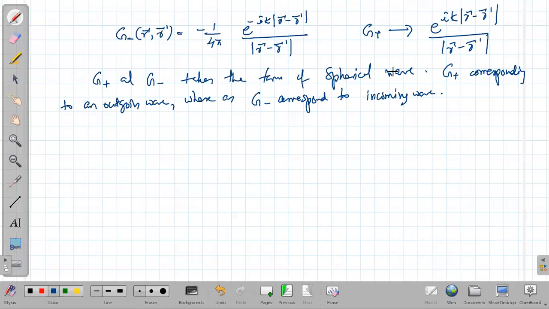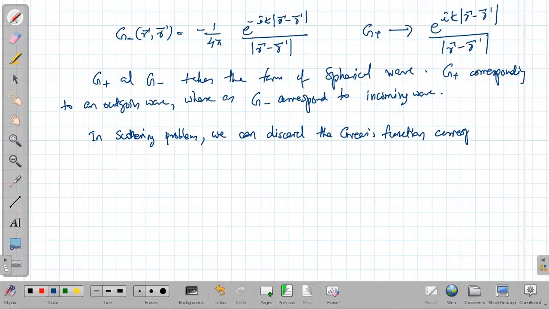Therefore, in a scattering problem, we can discard the Green's function corresponding to the incoming spherical wave.